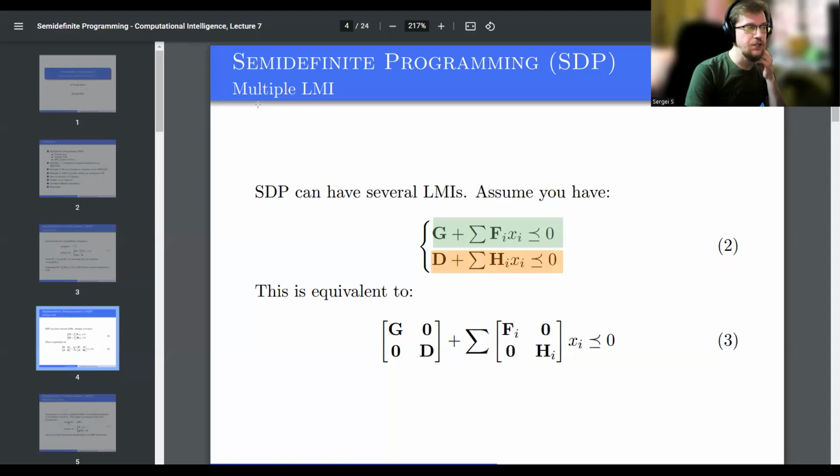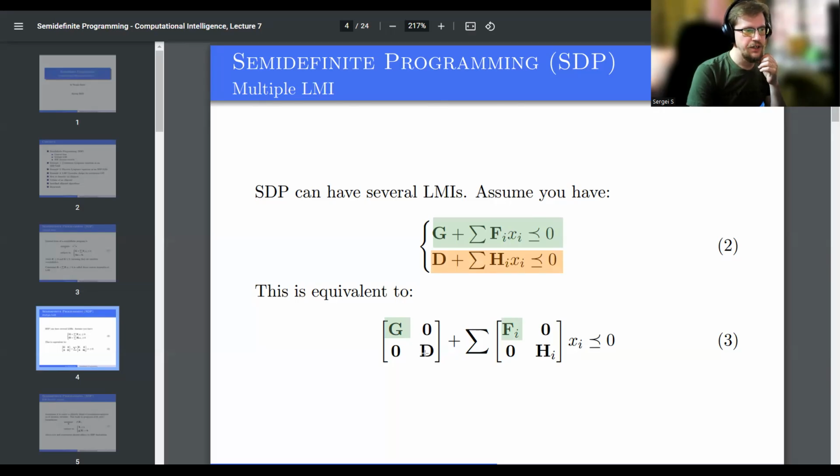In the previous formulation, we weren't allowed to have two LMIs. In the formulation, we only had one LMI, right? But those are equivalent to a single LMI. How? Well, very simple. You just write it like this. So G plus Fi times X, this term becomes the first LMI.